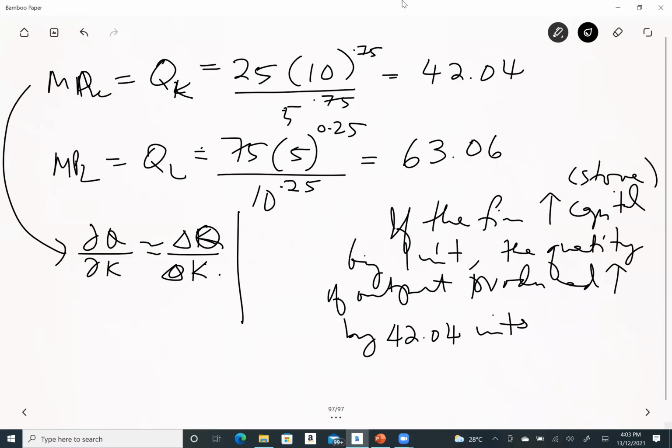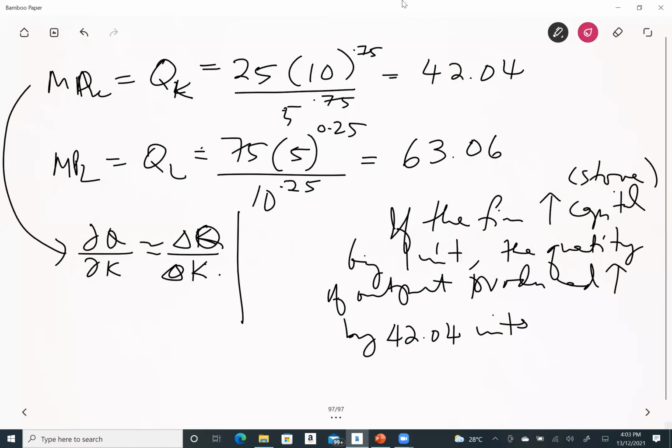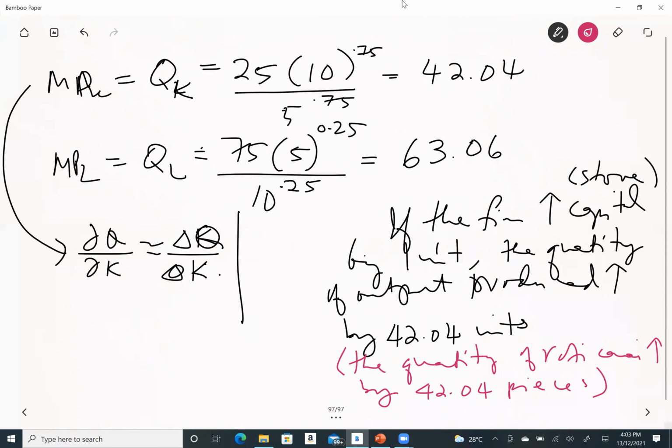In this example, the quantity of roti canai will increase by 42.04 pieces. You can round to 42.